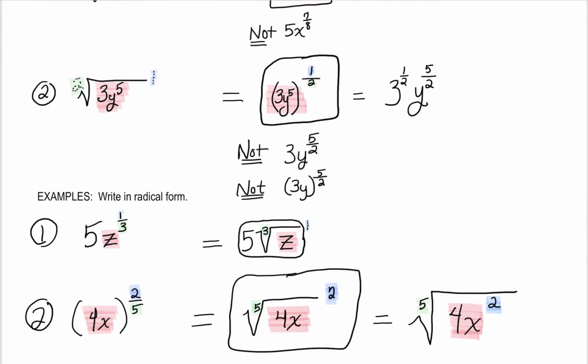And that wouldn't be the same thing, because there is more than one factor. If there's just one variable or one number, yeah, you can just bring it on the inside without any trouble. If you bring it on the inside in this case, you do need parentheses around the 4x.